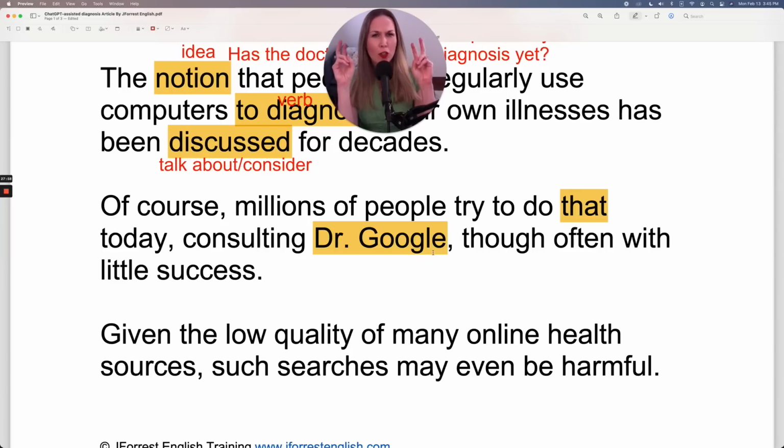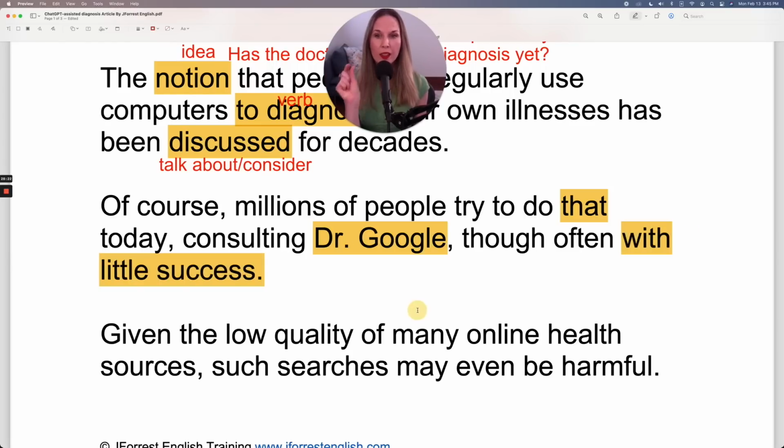It's just Dr. Google, referring to Google as a doctor, which is kind of a joke here. But people use Google as their doctor, right? Though often with little success, meaning they try to go online to use Dr. Google to diagnose their illness, but it isn't successful.